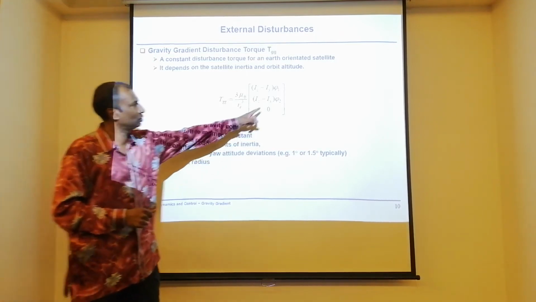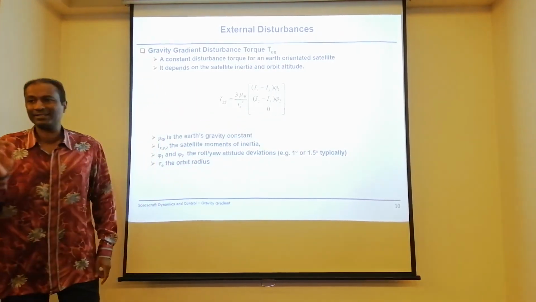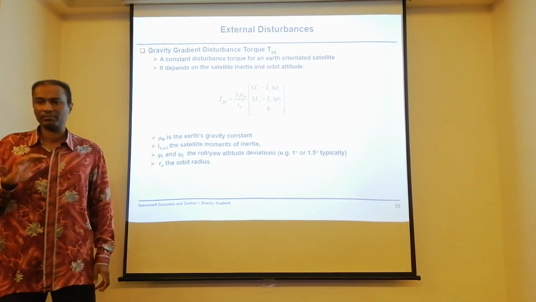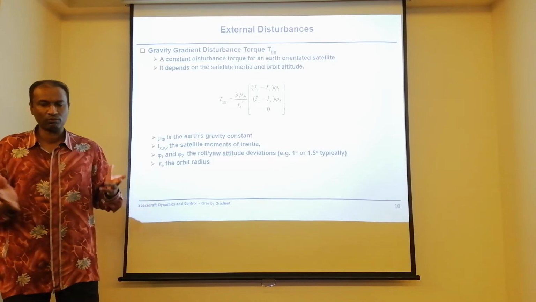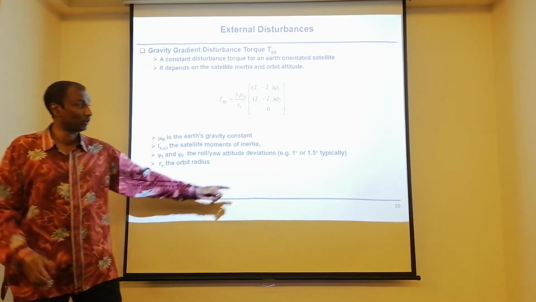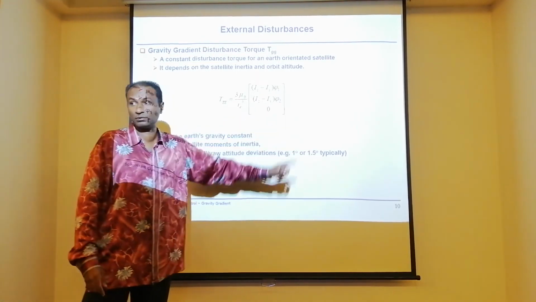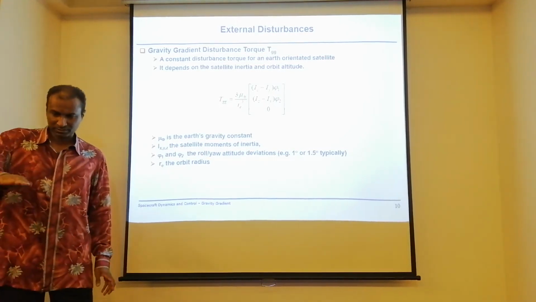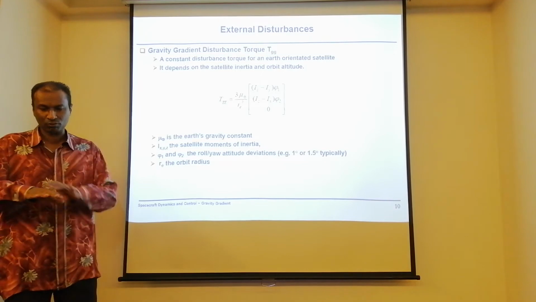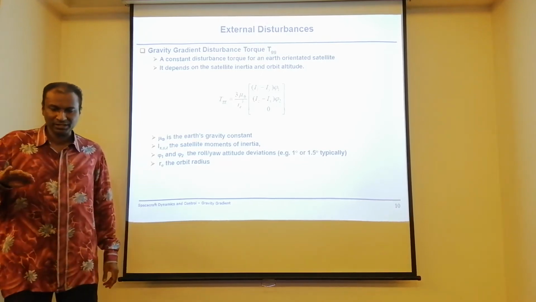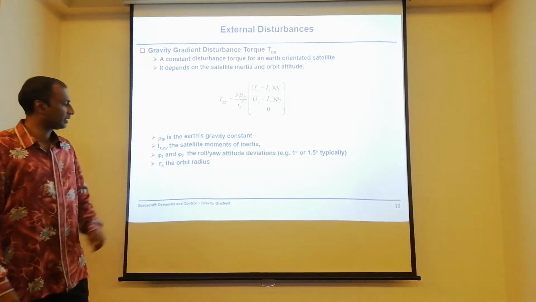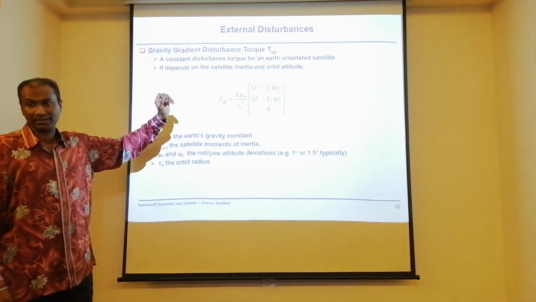What is the deviation normally that you will have? Let's say on average about 1 to 1.5 degrees. This is quite a lot. This is the accuracy, so to say. When the satellite is orbiting, normally it is disturbed 1 to 2 degrees, like that. That's how you put it. And RE is the radius of the Earth. So you can estimate that as a constant.